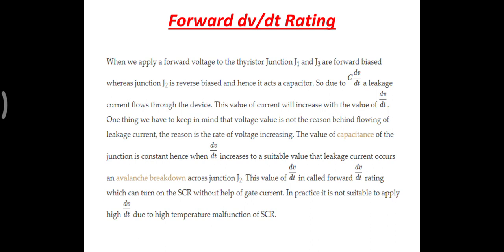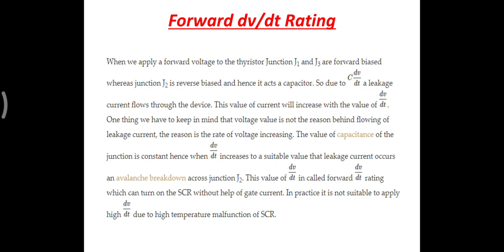Due to this, leakage current flows through the device, and this current will increase with time. We have to remember one thing: this leakage current is due to the rate of change of voltage only.